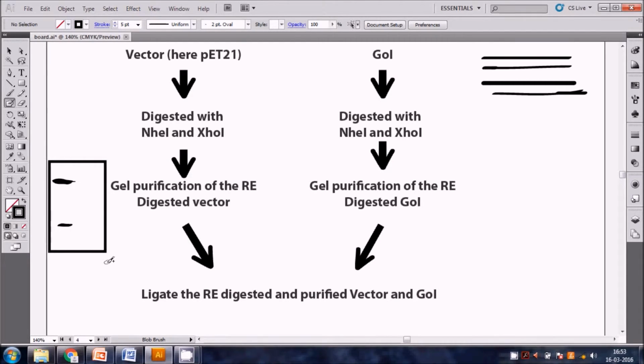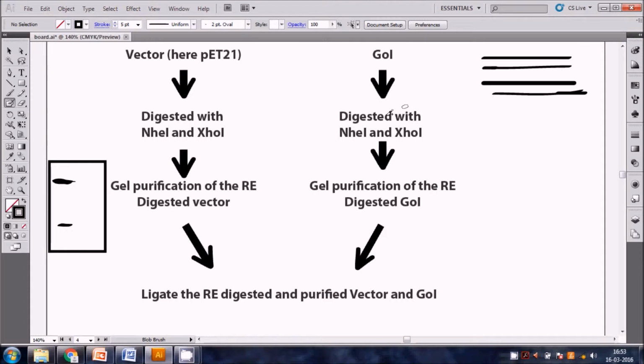For the vector DNA, you need the larger one because this is the main fragment in which you will ligate the gel purified, restriction digested gene of interest. So you will take this out from the gel, and you will follow the gel purification protocol.